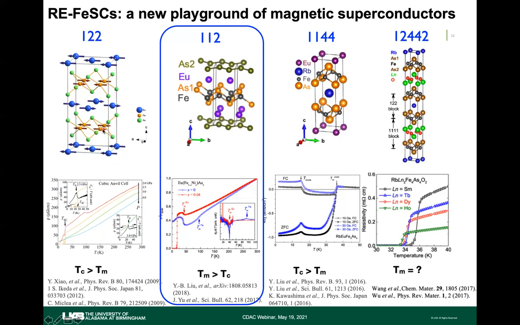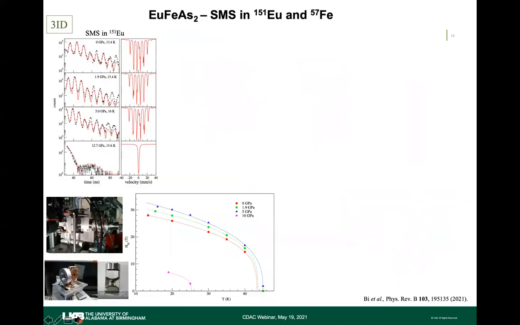But in the other systems, for example, 122 and 1144, the magnetic ordering temperature actually is lower than the superconducting temperature. So this is a very interesting and unique system to study the interplay of magnetism and superconductivity.